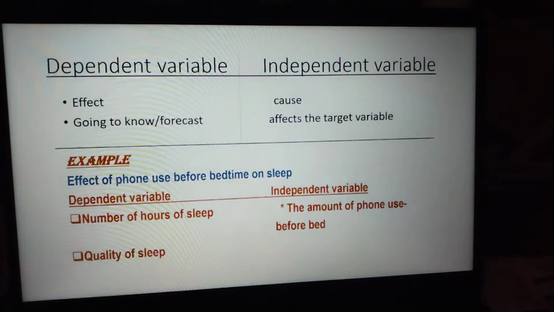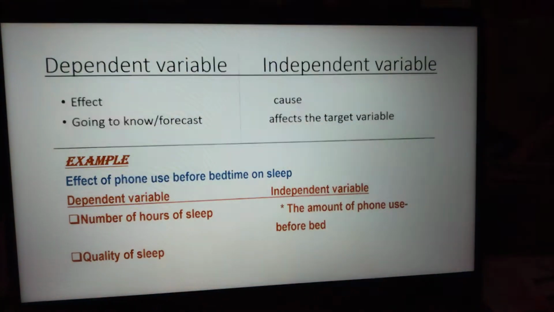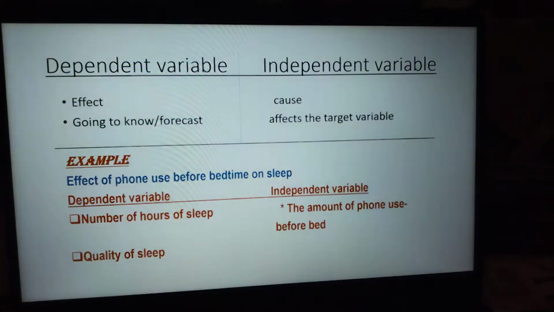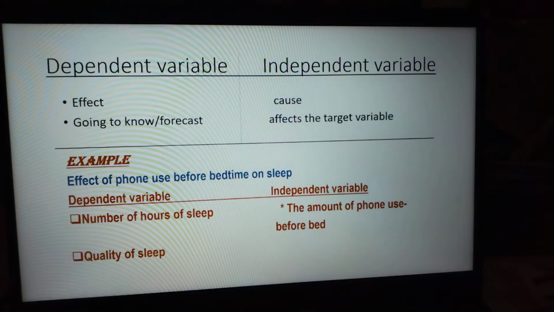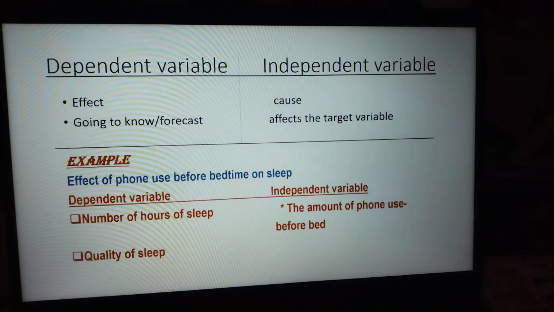So here dependent variable is what? That is how we are increasing or decreasing our number of hours of sleep, and what will be the quality of sleep. What will be the independent variable here?